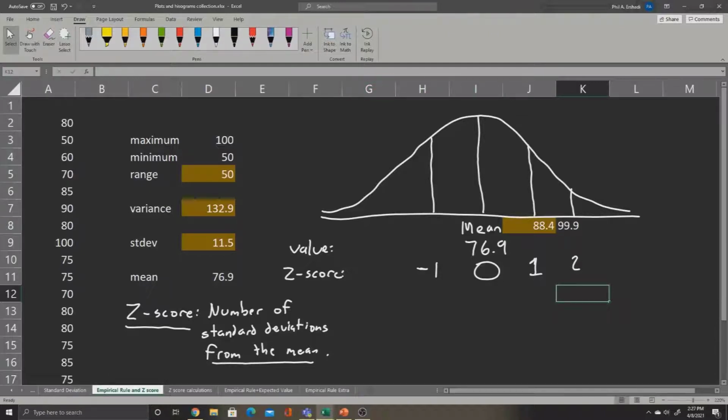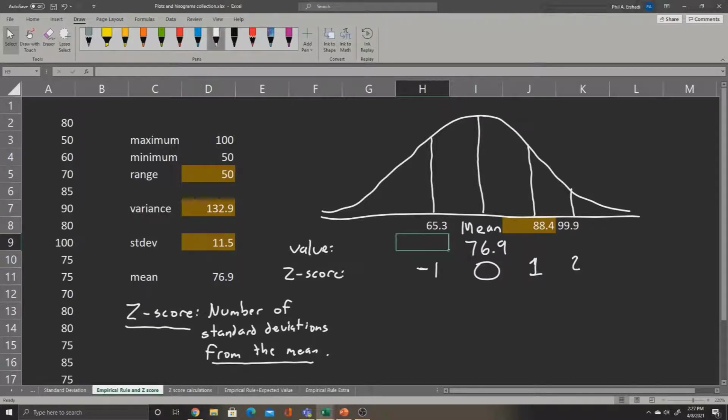To calculate this, we can take the mean and subtract the standard deviation instead. We can say equals, click the mean, minus the standard deviation. And we get a value of 65.3.